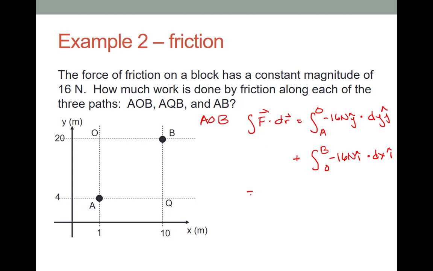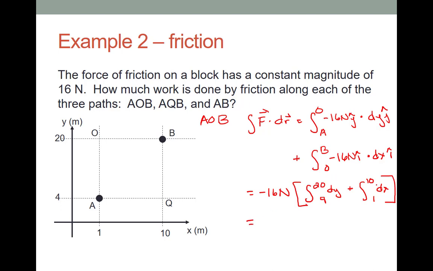Okay, so that leaves me with negative 16 newtons times the integral from 4 to 20 of dy plus the integral from 1 to 10 of dx. I could pull the negative 16 newtons out because it was in both integrals. It's a constant in both integrals. Doing this integral, the integral of dy just results in y.